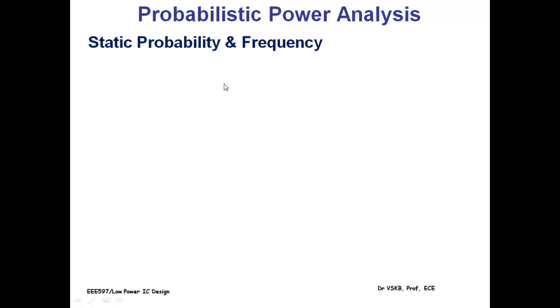First would be the static probability, and because of that how we would have the frequency of the switchings that are happening. We would define the static probability of being at 1 as P, and this would be the ratio between the time duration for which the signal node is at a logic 1 state to the total time under observation.